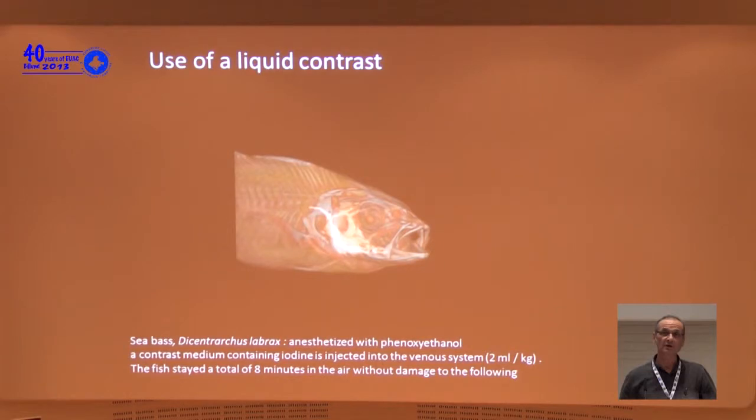The liquid contrast can also be put with the food to examine the digestive tracts, or in the circulation. So we inject liquid contrast inside the circulation, in the venous system of the sea bass, and we can show the venous system there.